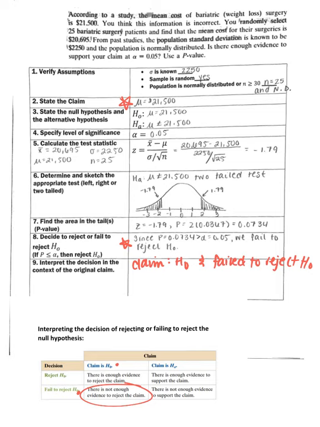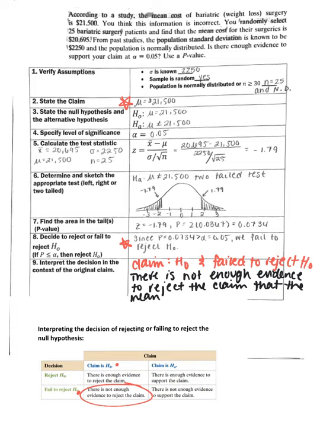So we're not necessarily supporting it, but there's not enough evidence to reject the claim that the mean cost of bariatric surgery is $21,500.